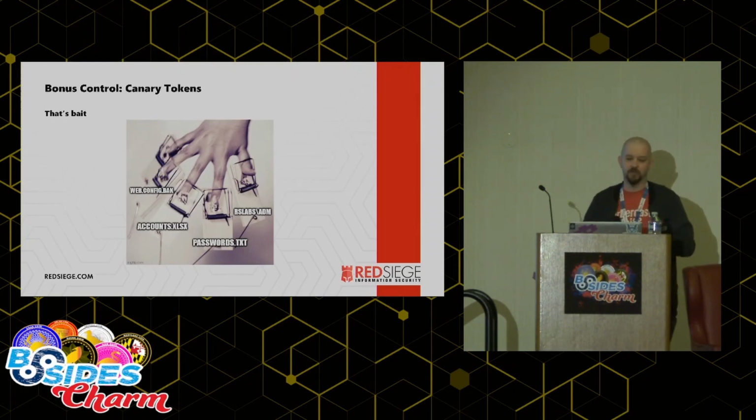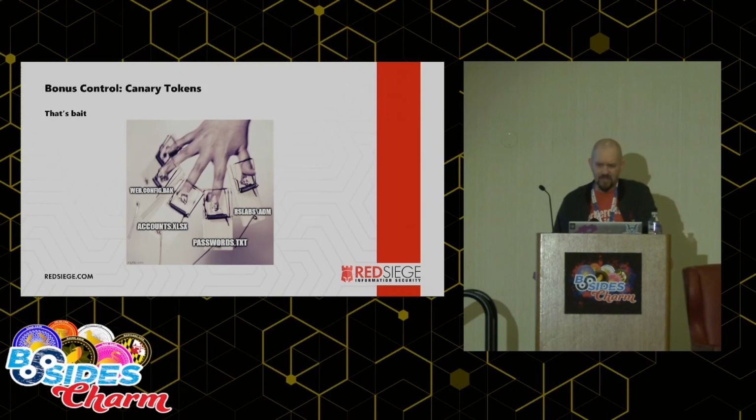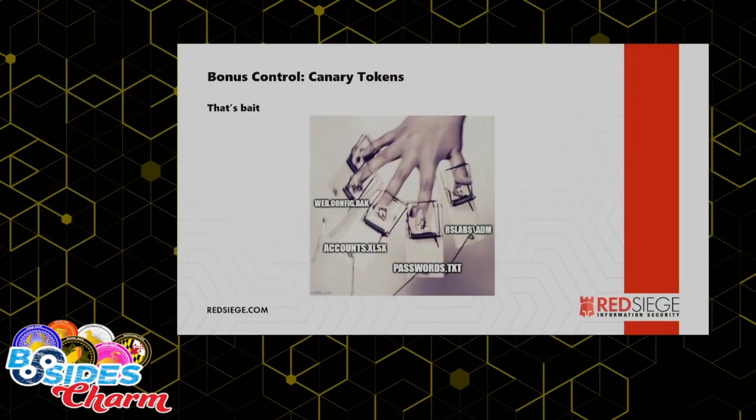These are just fun. And they're so easy to do. This can be as simple as adding an account to your Active Directory, make it look like a regular user account, give it a ridiculously long password that will never get cracked, and then don't tell anybody about it. And as soon as someone comes in and starts password spraying, as soon as you see a login attempt against that account, you know something's wrong.